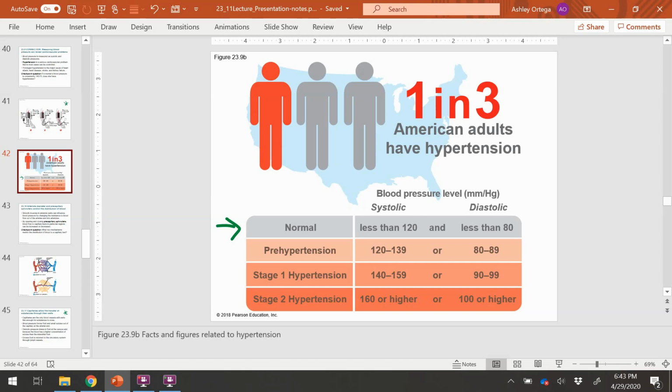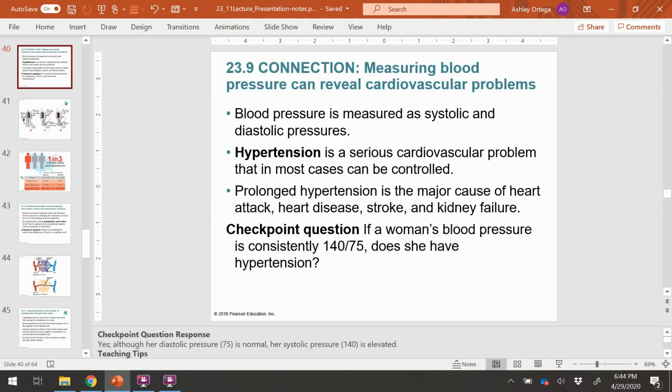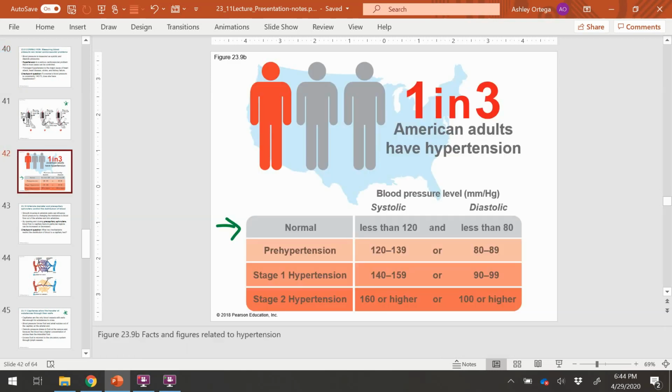Looking at that checkpoint question again, if a woman's blood pressure is consistently 140 over 75, does she have hypertension? She does. Stage 1 hypertension, because her systolic pressure is 145, and the range here is 140 to 159. She falls into that category, even though her diastolic is less than 80.